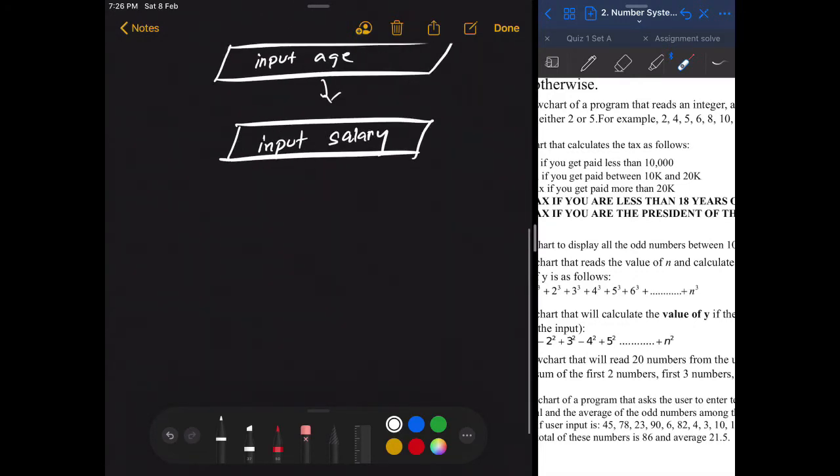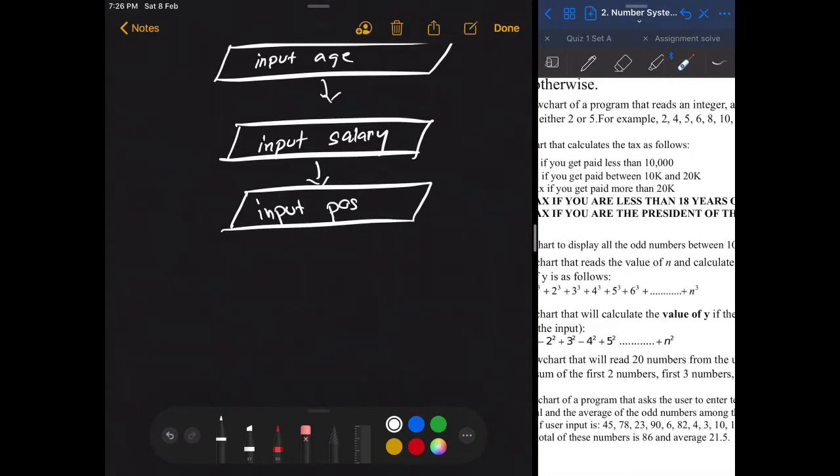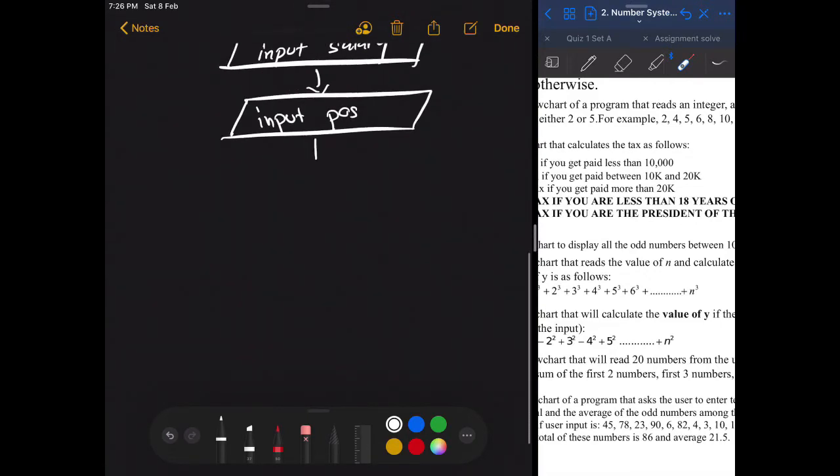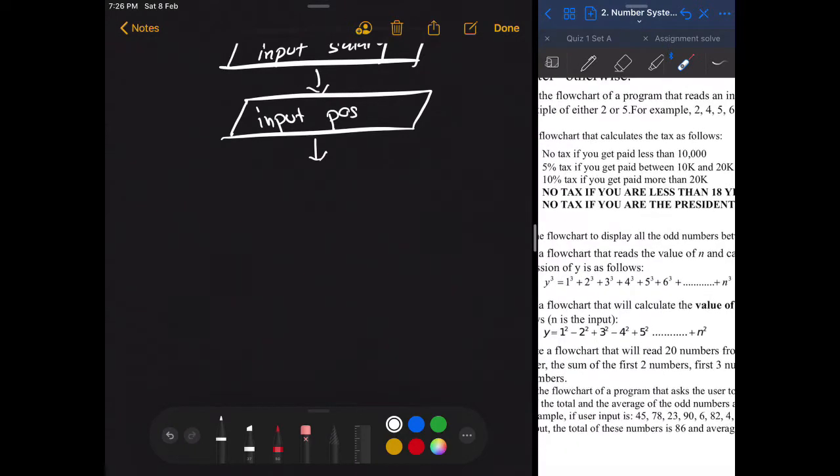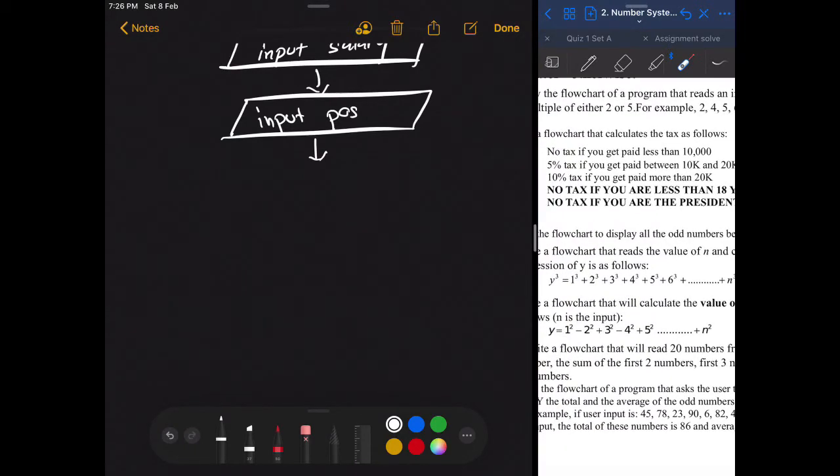And always remember, inputs and outputs are always on parallelograms. And then finally we need to know his position in the company. That's another parallelogram.